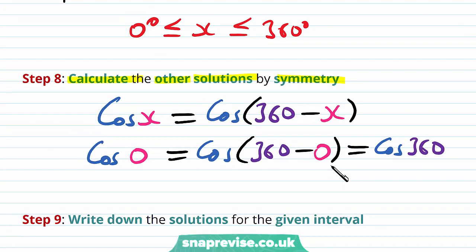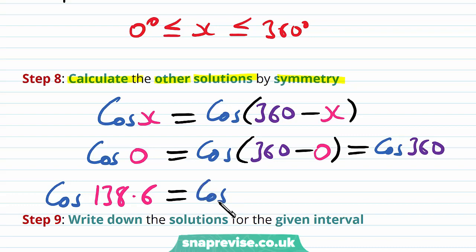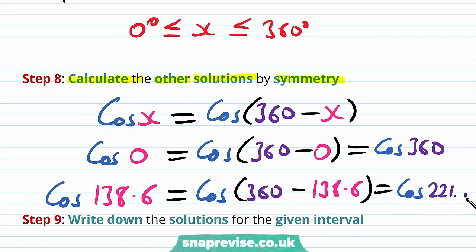Similarly, for our other solution, we have a solution at 138.6, and so we have the cos of 138.6 is going to be equal to the cos of 360 minus 138.6. This gives us cos of 221.4.